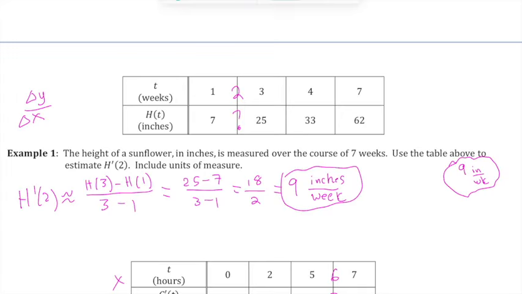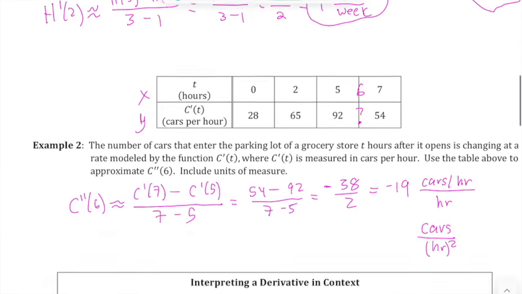Now, are we increasing or decreasing? Well, this is positive 9, so we're increasing. Here's our rate at 9 inches per week. And then again, specify the time at t equals 2 weeks. Again, use units. Don't just say at t equals 2. We want to know 2 what? Is it 2 seconds, 2 hours? In this case, it's 2 weeks.